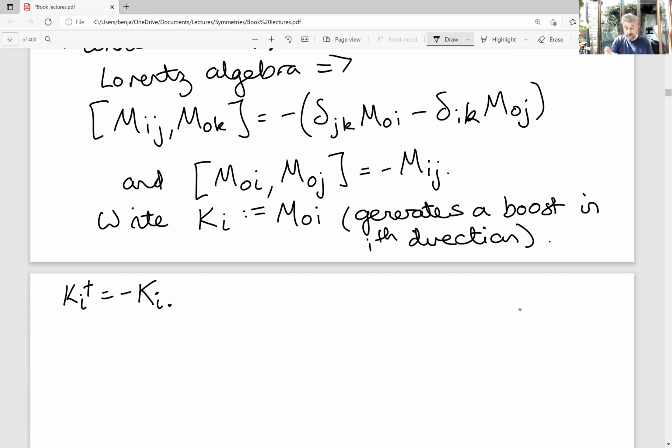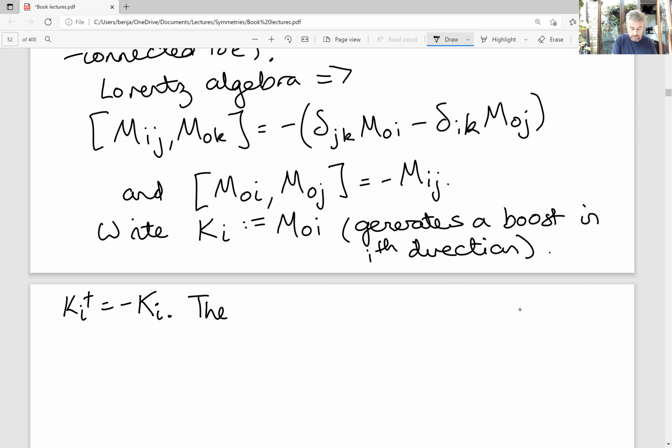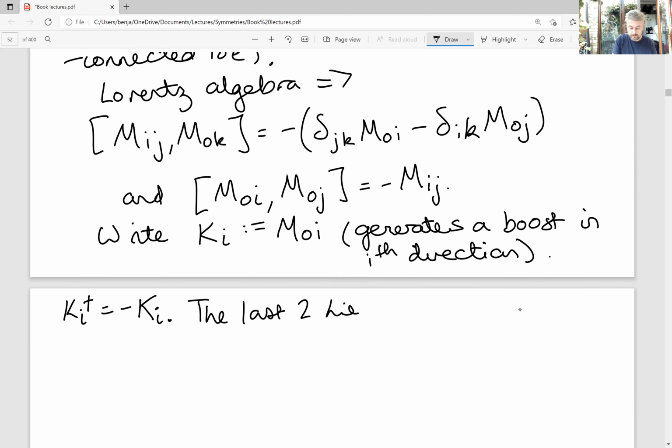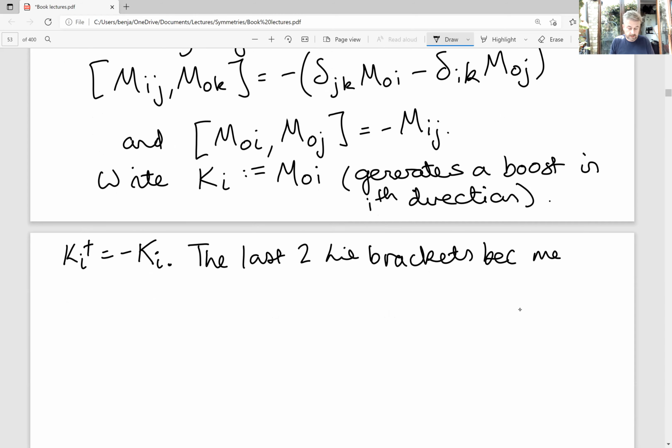Okay, so then our two previous commutation relations, written in this new notation, so we've got the J's as well, become the following.